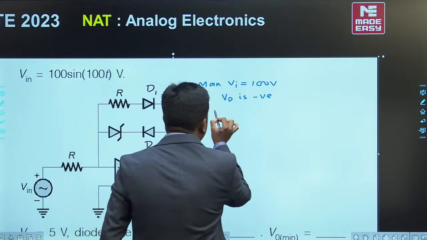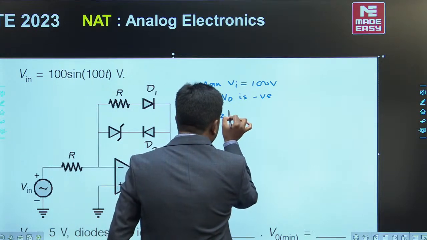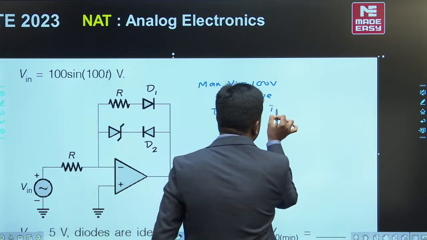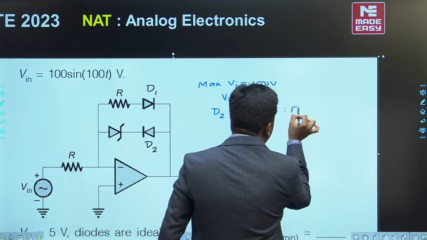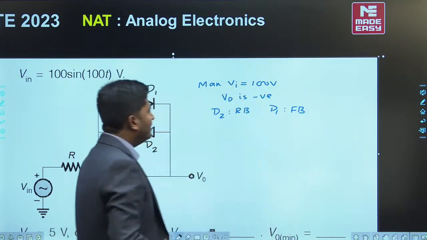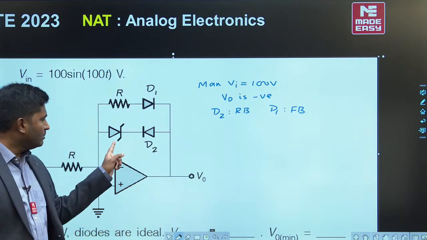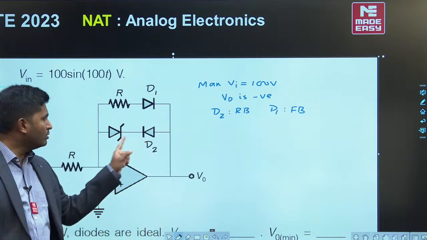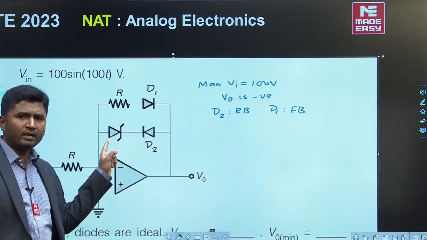So here I am getting a situation D2 reverse biased and D1 in forward bias, and we need not worry about Zener diode because already this diode D2 acting like an open circuit here, so Zener diode will have no effect on our calculation here.